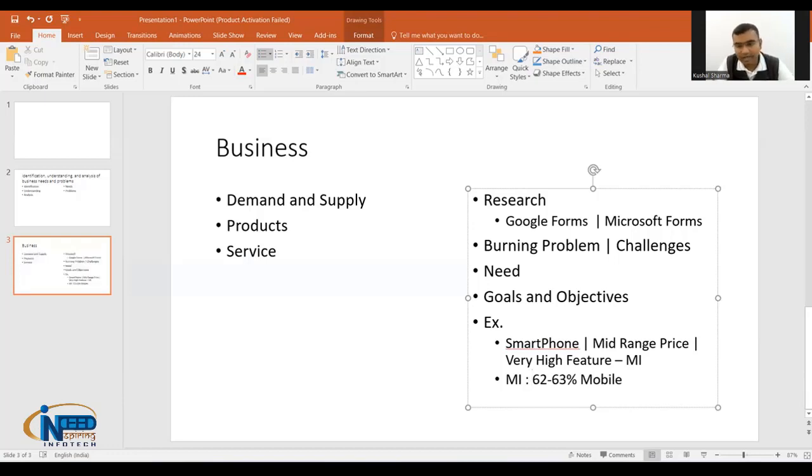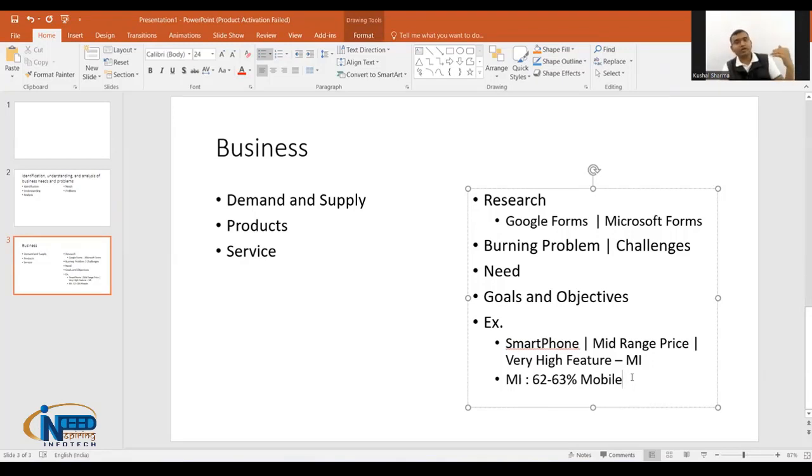Now, what happened? They know it was very difficult to gain this position, but it is more difficult to remain in this position. So now it is not a burning problem or challenge, it is a goal or objective.